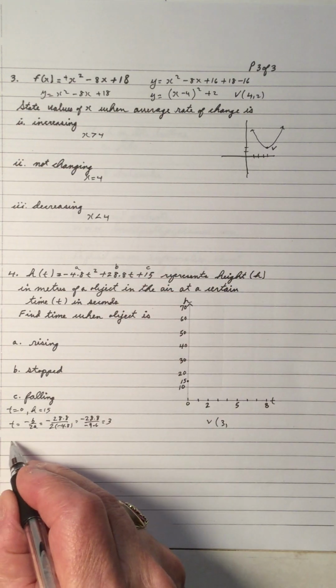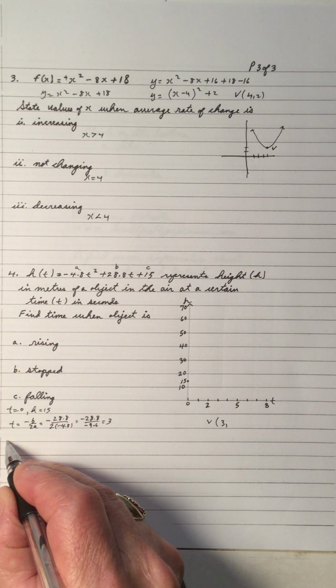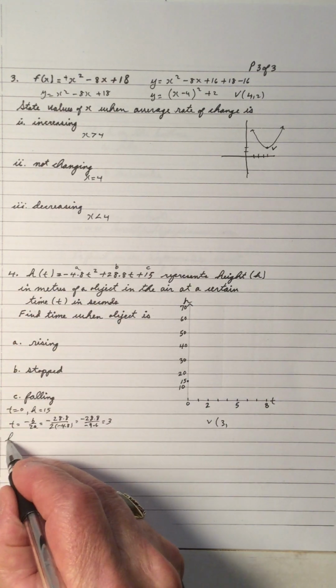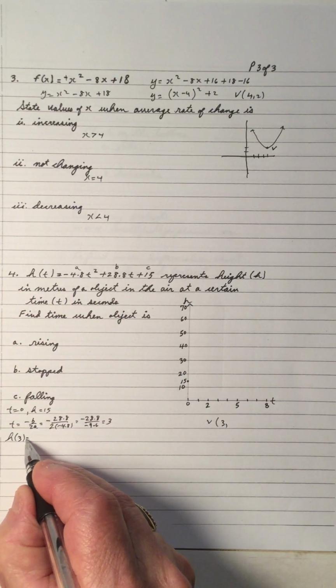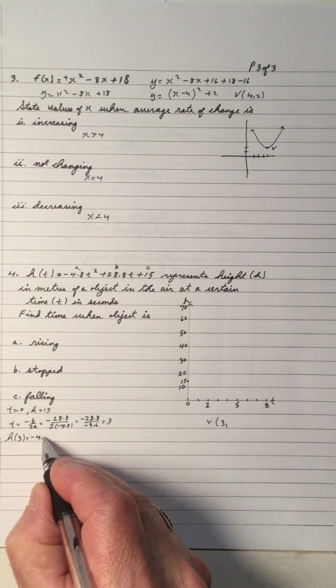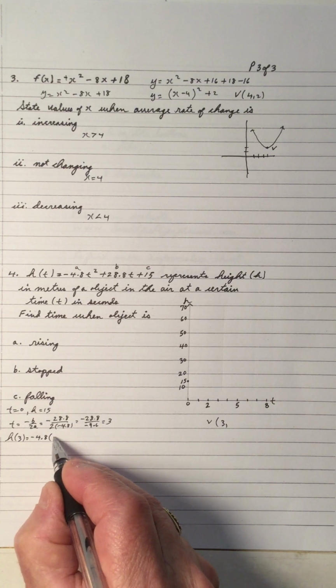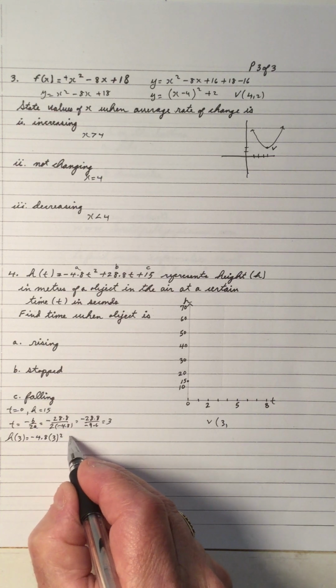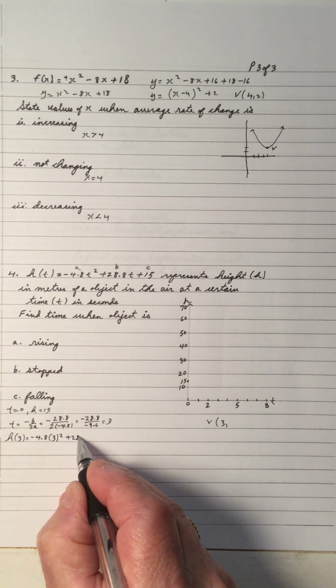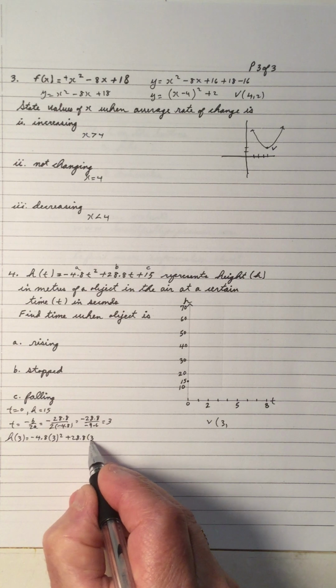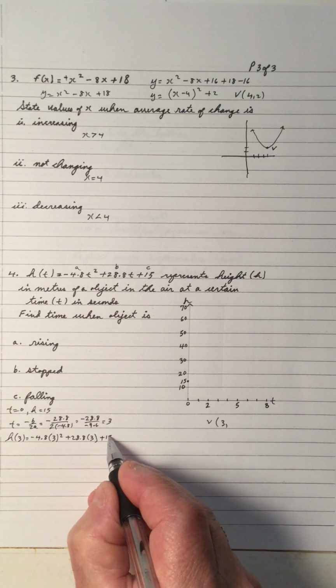Now we take the t and put a 3 in here, so h of 3 equals negative 4.8 times 3 squared plus 28.8 times 3 plus 15.